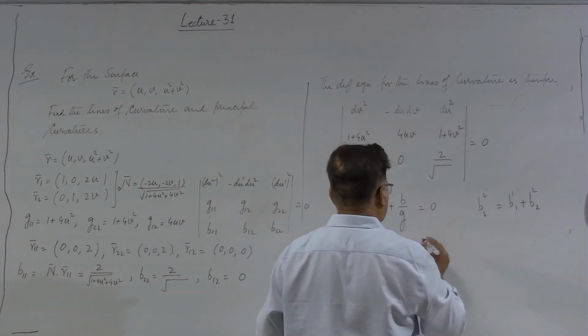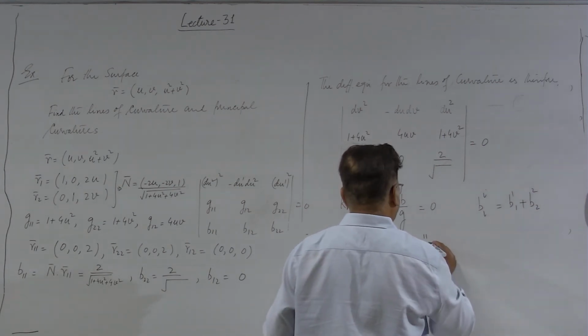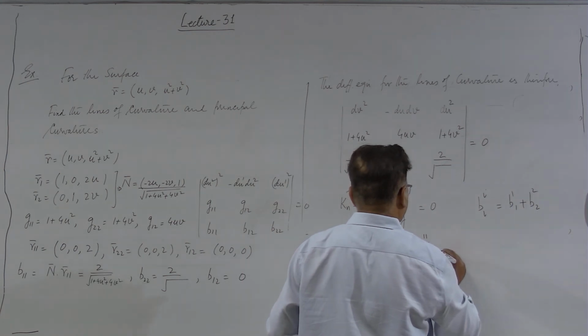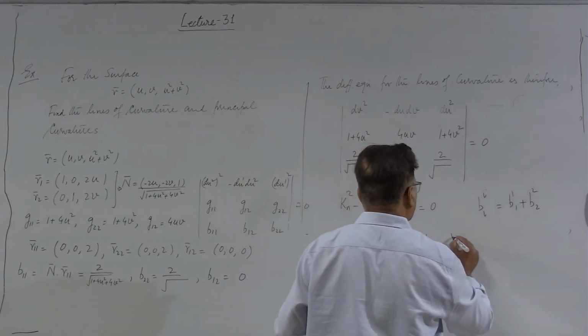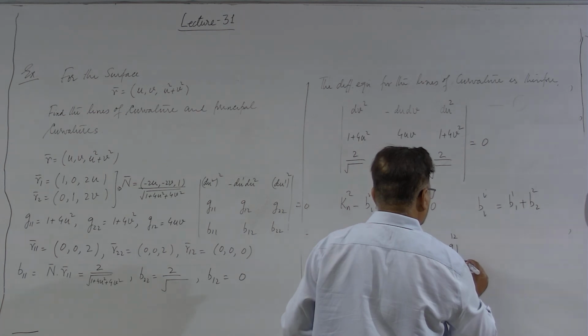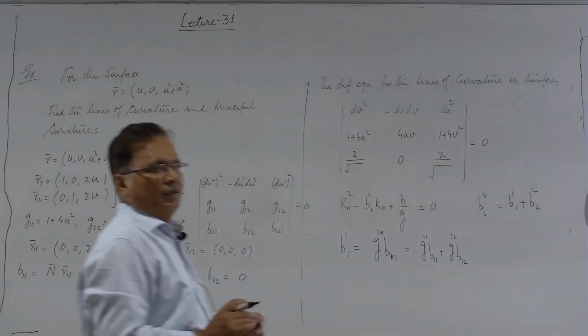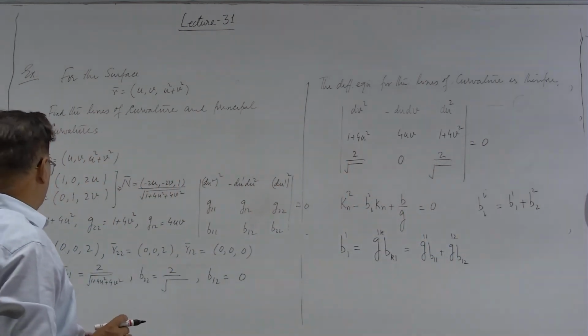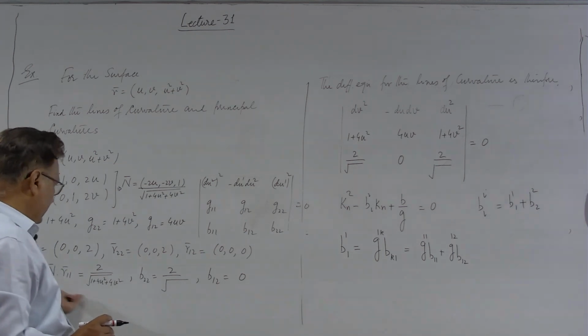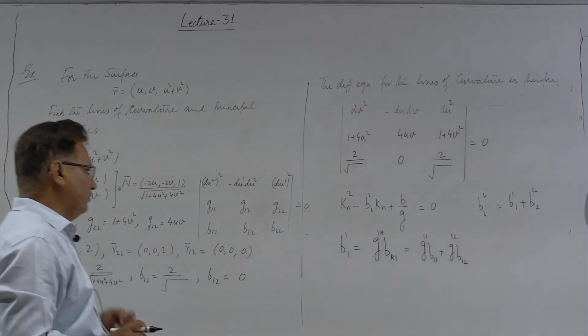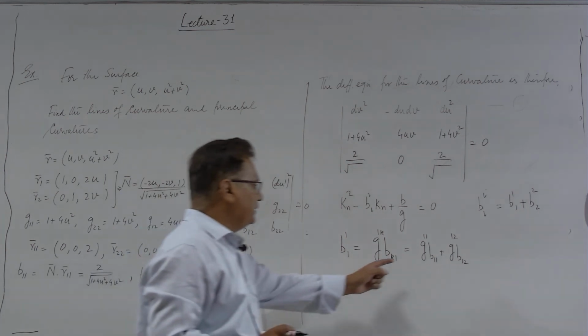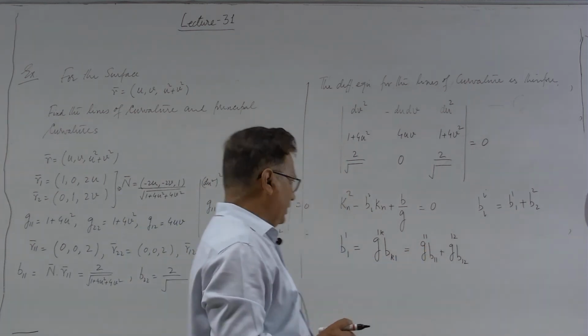So, k is a dummy index. So, G11 into B11 plus G12 into B12. B11 and B12 we have already computed here. So, these values are readily available to us. The upper Gij's are to be seen, what they are.